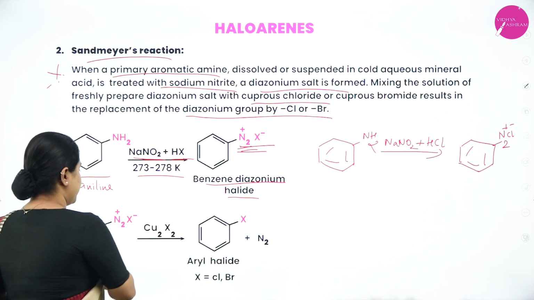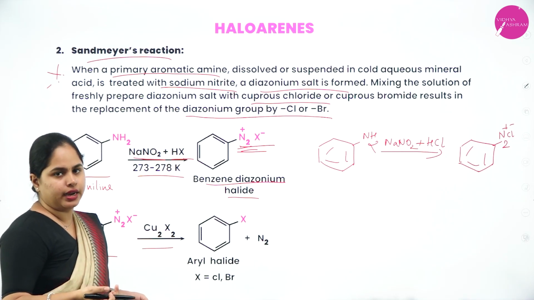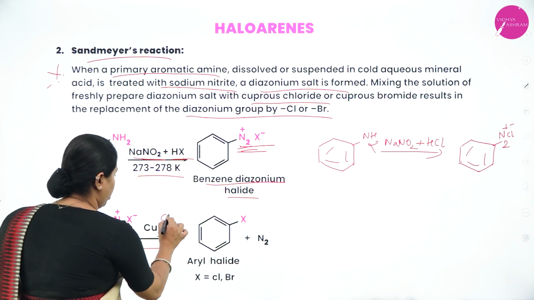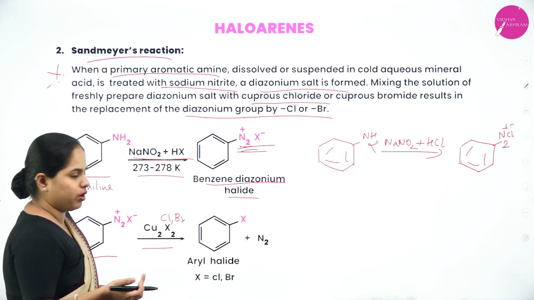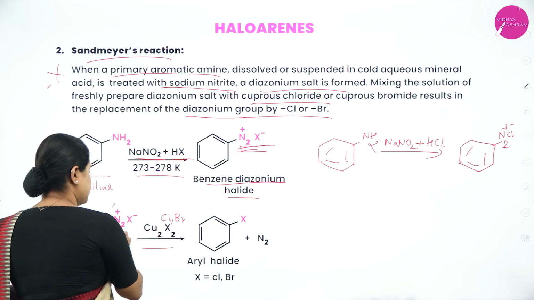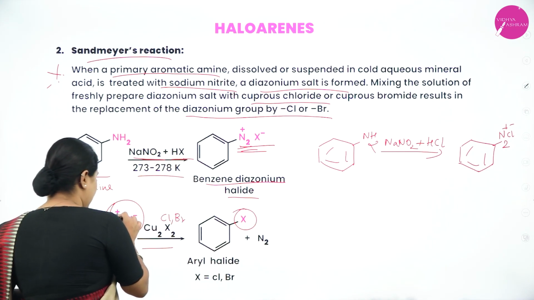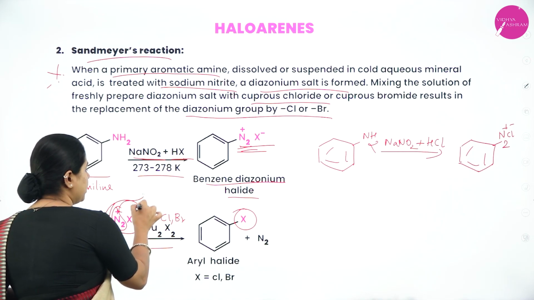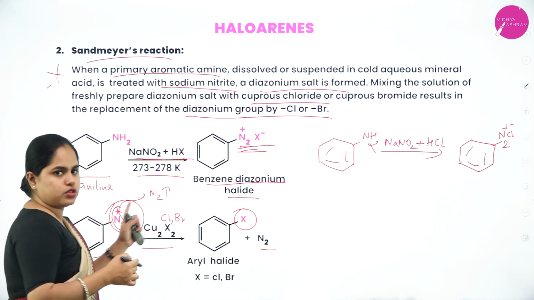Now to this benzene diazonium halide which is formed, we are going to add the cuprous halide. It can be chlorine or bromine, so Cu2Cl2 or Cu2Br2 you can add. Accordingly, the diazonium part will be substituted by the halogen, and N2 will be removed as nitrogen gas. So nitrogen gas will be evolved, and only the halogen is left behind.